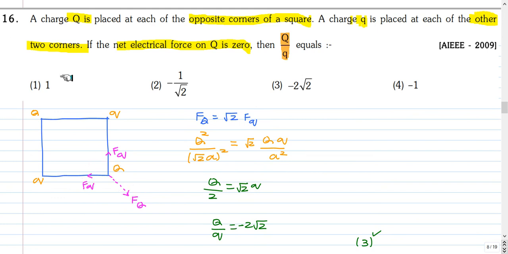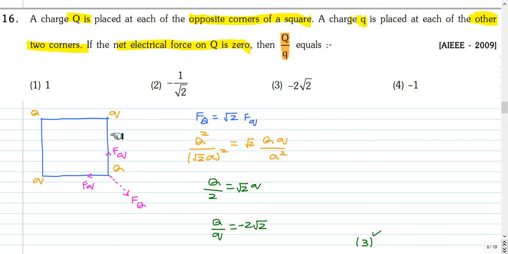So the charges are placed like this. The force acting on capital Q is 0. Due to this other capital Q, there will be a repulsive force in this direction because both are of like sign. And since the net force acting on capital Q is 0, the force between small q and capital Q should be attractive in nature. Only then it's possible to cancel this force.